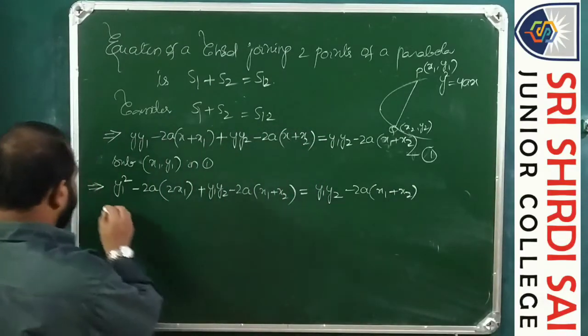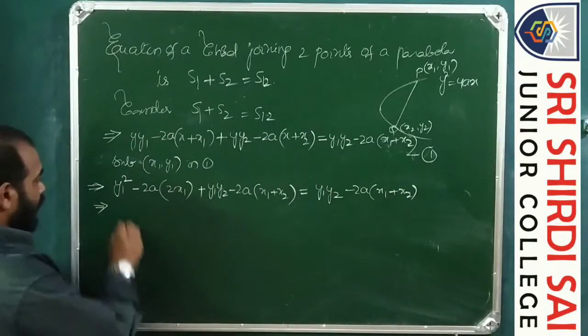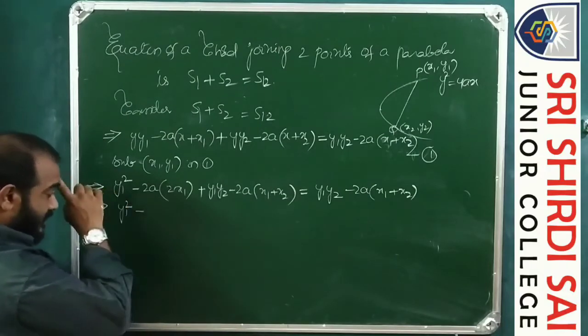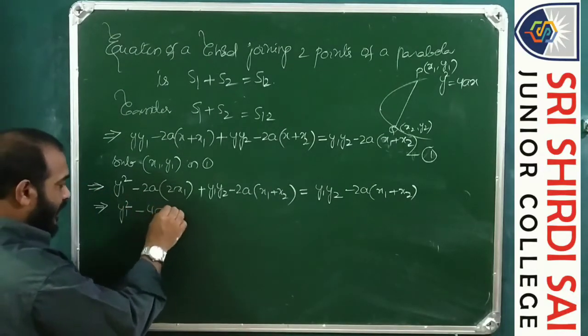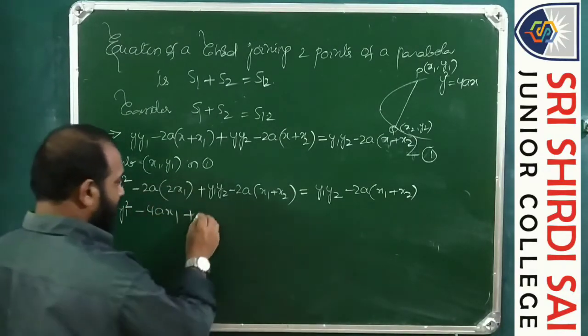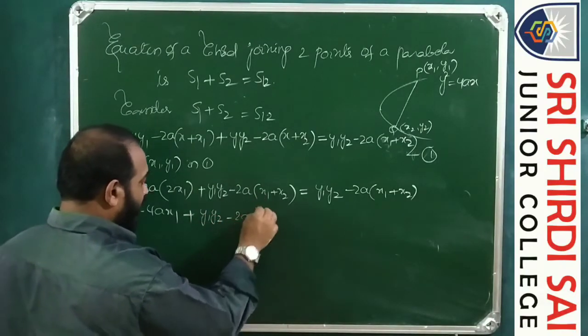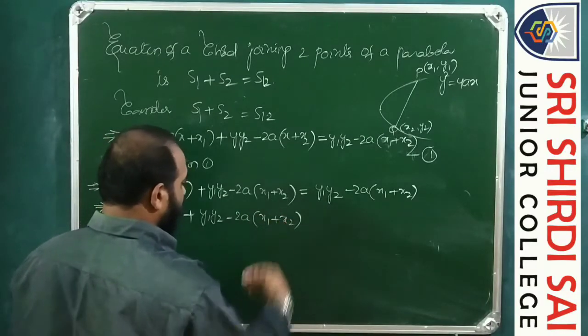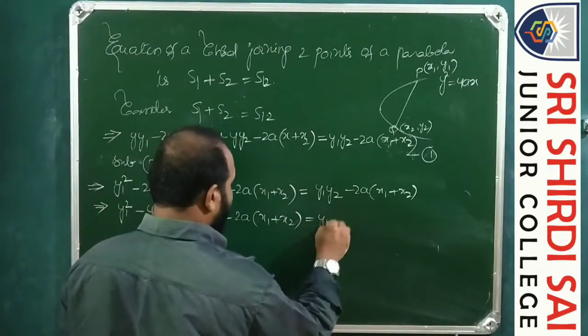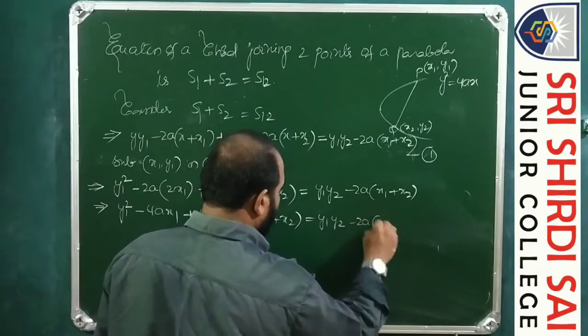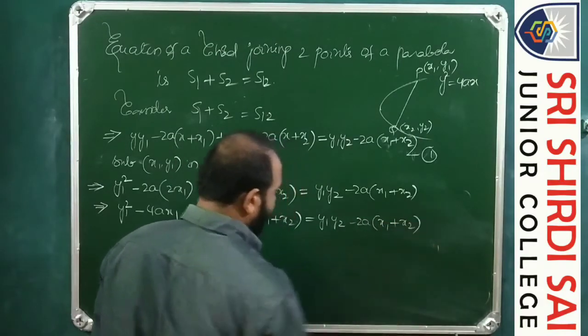So this is y1 square minus 4a x1 plus y1 y2 minus 2a into x1 plus x2 equals y1 y2 minus 2a into x1 plus x2.